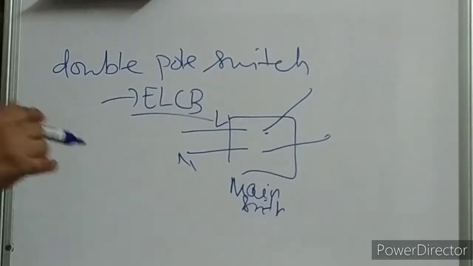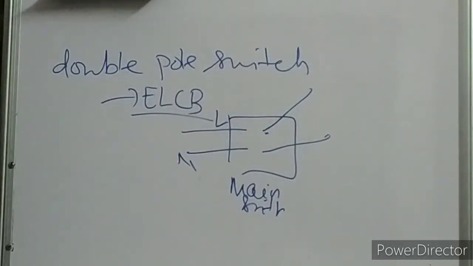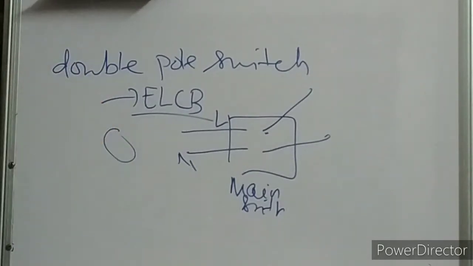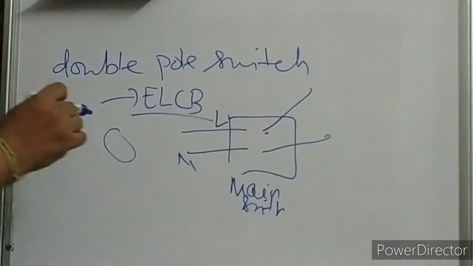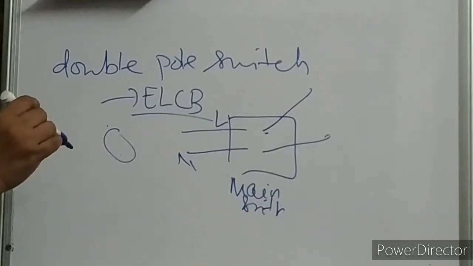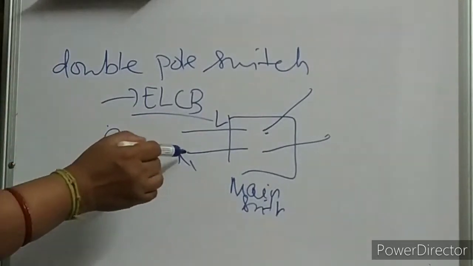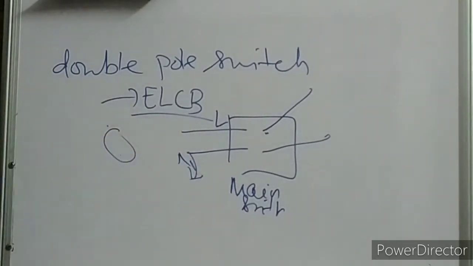Why are we doing this? Suppose for any reason, at the pole, there is some fault. If by mistake the live and neutral wires get connected, what will happen? Now this neutral wire also carries that 220 volt supply, children.